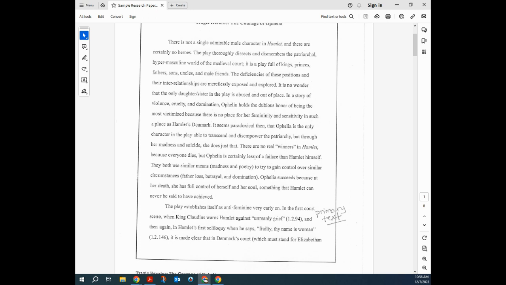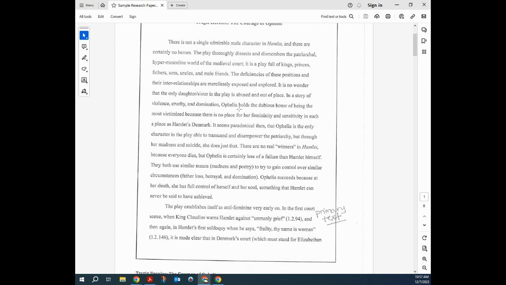But Ophelia is certainly less of a failure than Hamlet himself. She keeps going. Ophelia succeeds because at her death, she has full control of herself and her soul, something that Hamlet could never be said to have achieved. Again, she's breaking down the patriarchal structures. She becomes the hero and not Hamlet. Okay? So the intro to this essay actually sets up the argument that the student is making.